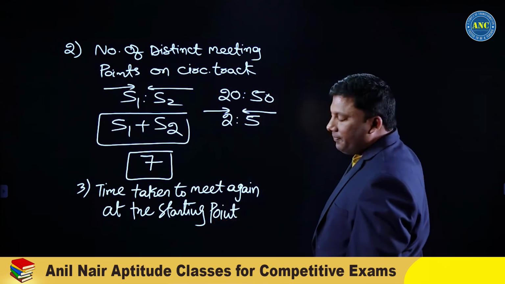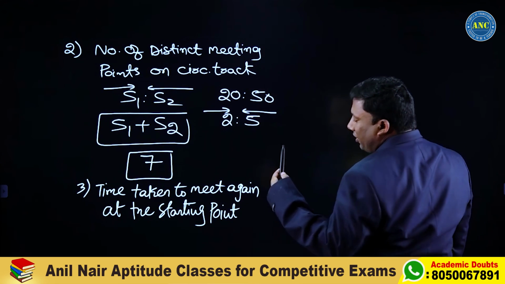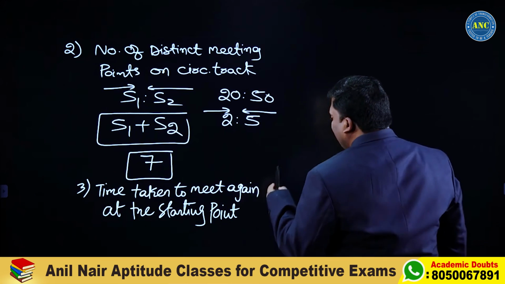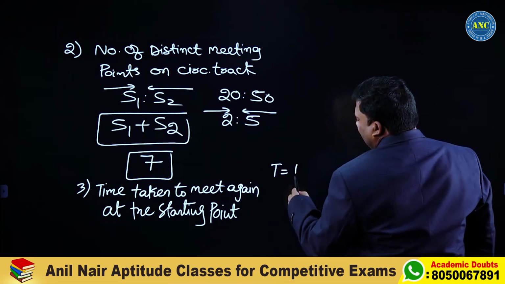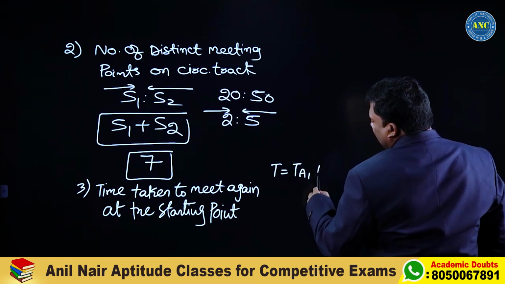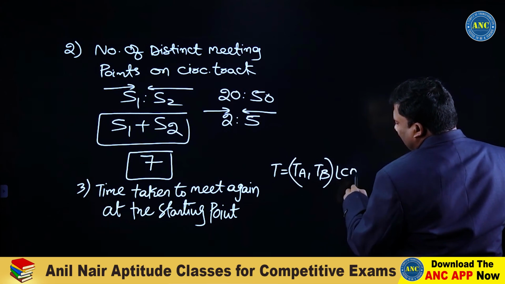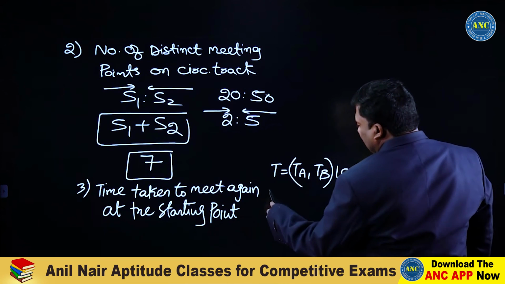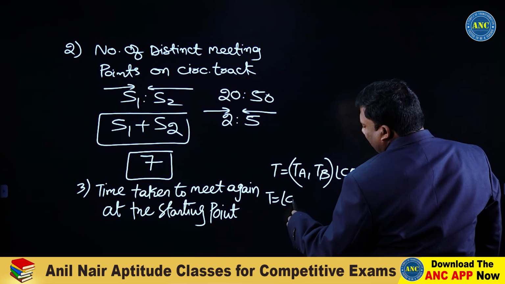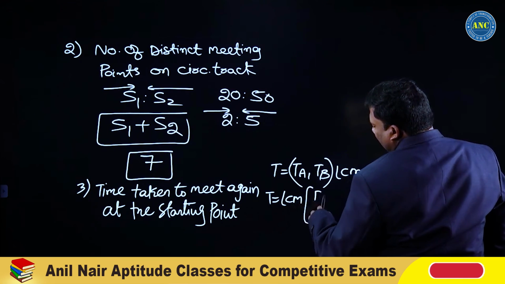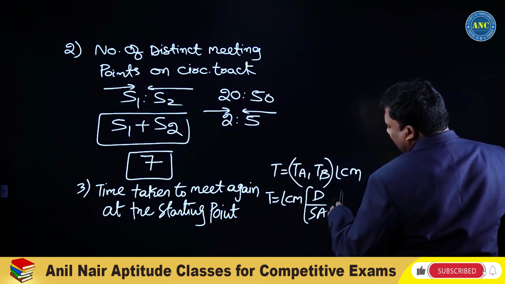How much will it be? Right, starting point, again it will be the LCM of the values. Time we require, I need to take the LCM of TA comma TB. So T is equivalent to LCM of D by SA comma D by SB.